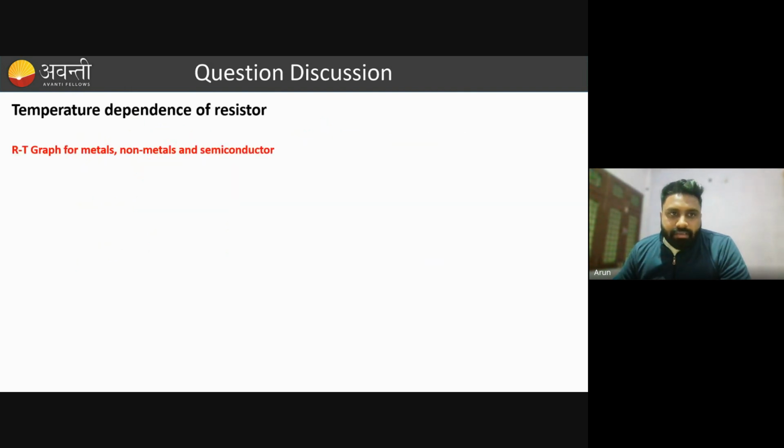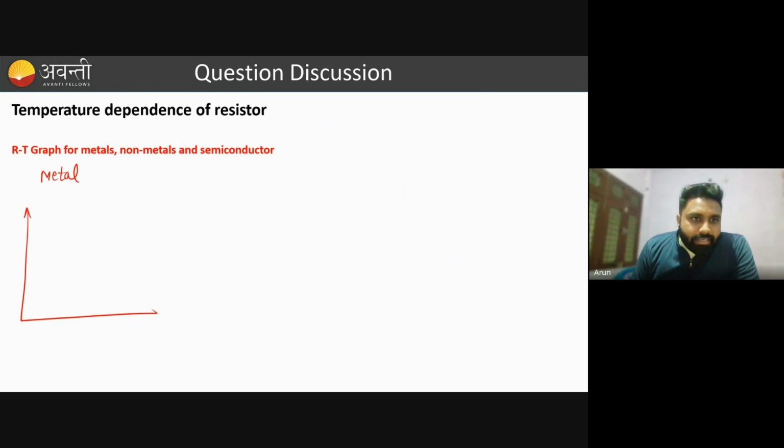Now, we will draw the RT graph and then see a numerical. The RT graph is nothing but the resistance-temperature graph. For metals, I will draw it: this is R and T. This will follow a non-linear relation. Increase in temperature gives increase in resistance.